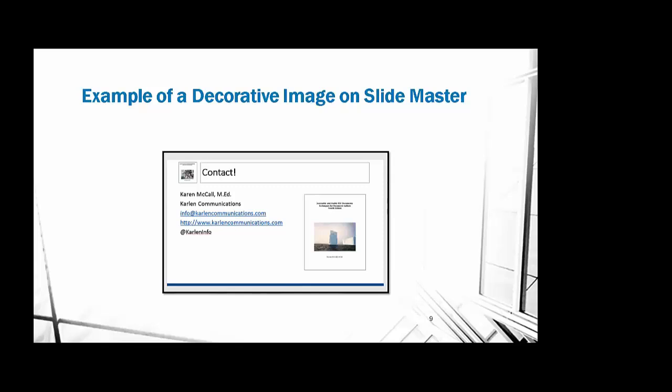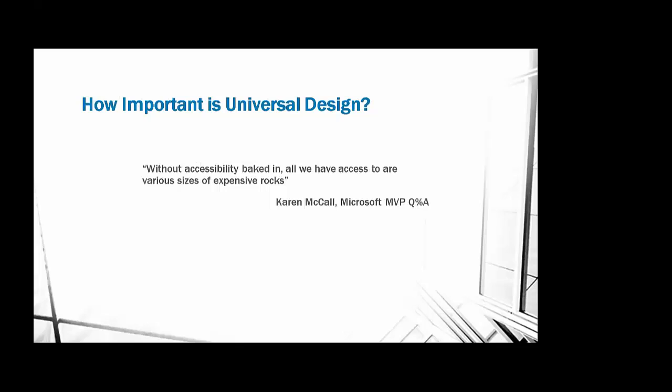So for those who are able to take a look at the slide, they're just for decoration. It's a reminder that I do write books. For those of us using screen readers or text-to-speech, the important thing is the text on the slide. And you can decide that as you create your custom slide layouts or as you're adding content to a slide.